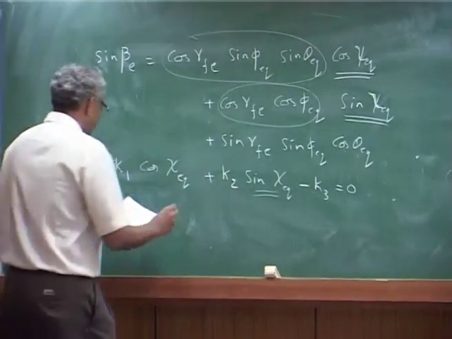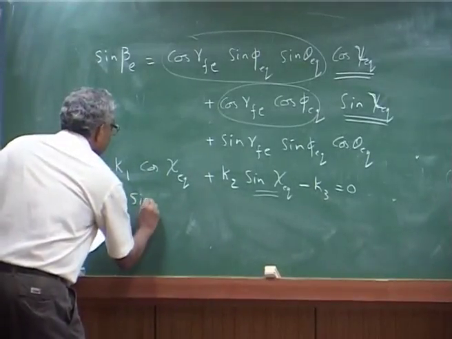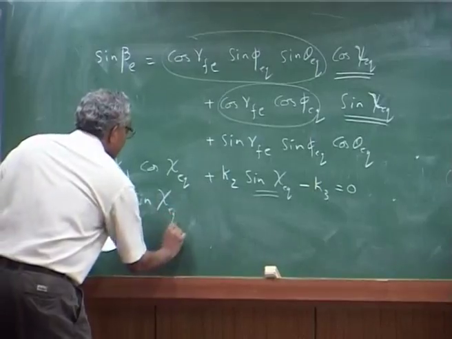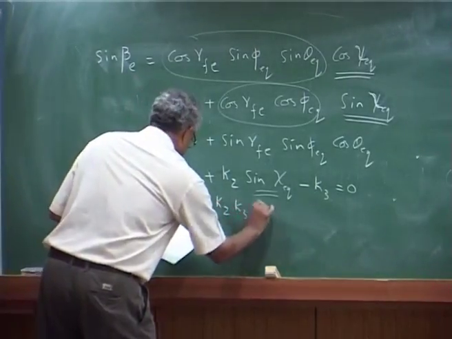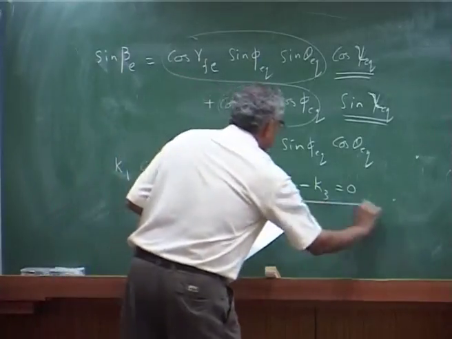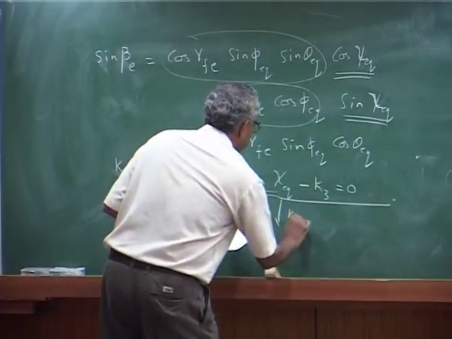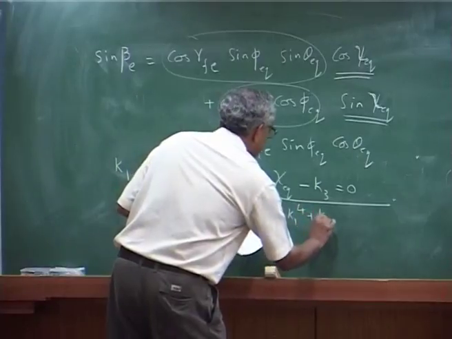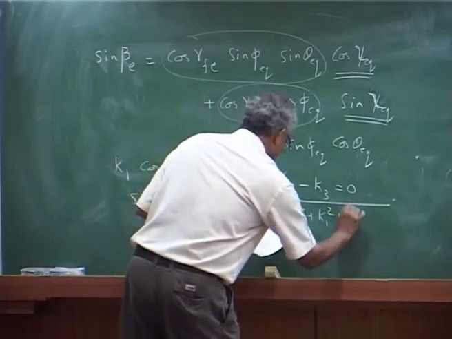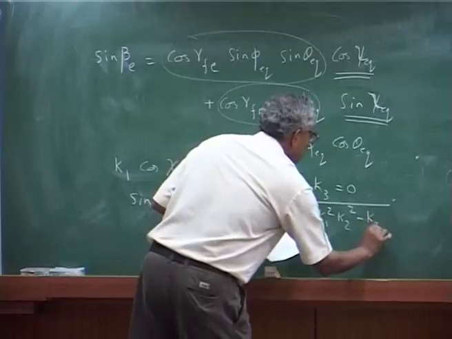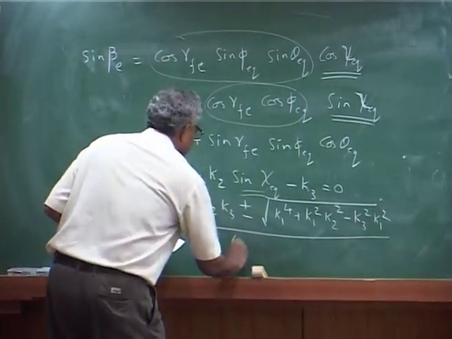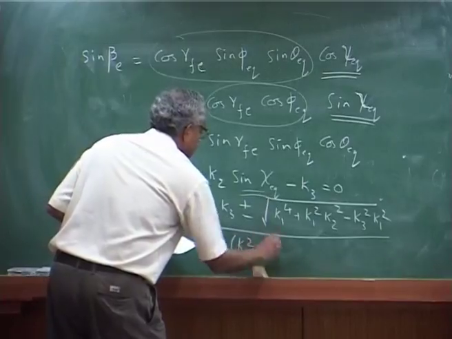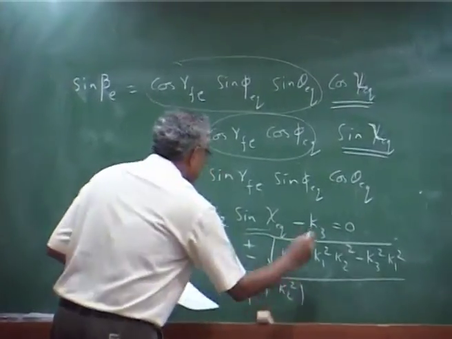So, finally, you will write sine chi equilibrium is given by K2 K3 plus minus root of K1 power 4 K1 square K2 square minus K3 square K1 square over K1 square plus K2 square.